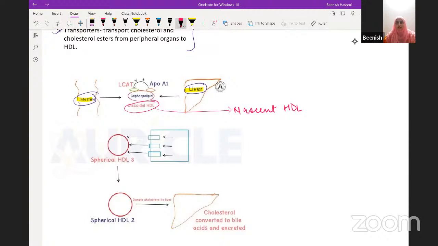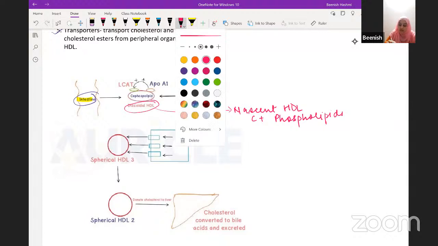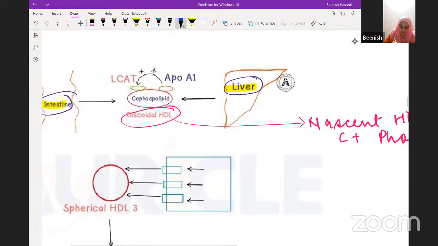The nascent HDL secreted by the intestine and the liver is discoidal in shape because it is rich in cholesterol and phospholipids, and these are amphipathic. So anything which is amphipathic cannot form a spherical structure.